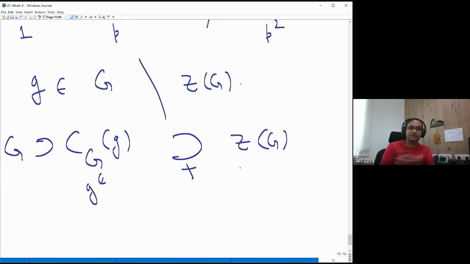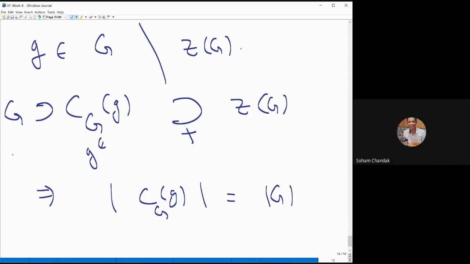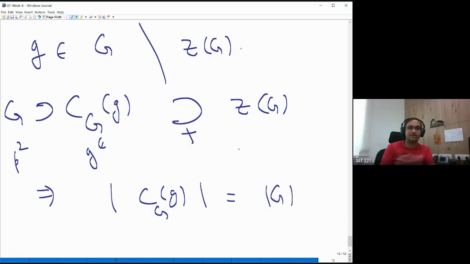So obviously this is supposed to be bigger. But the centralizer is a subgroup. So what can I say about the size of the centralizer of g in G? It is between P and P square, and it is not P. It's not P square either, so it has to be the other one.